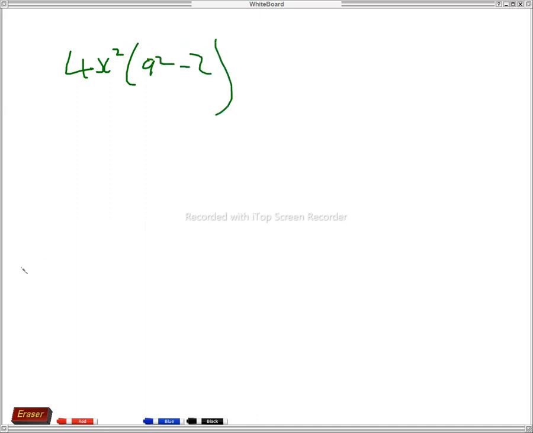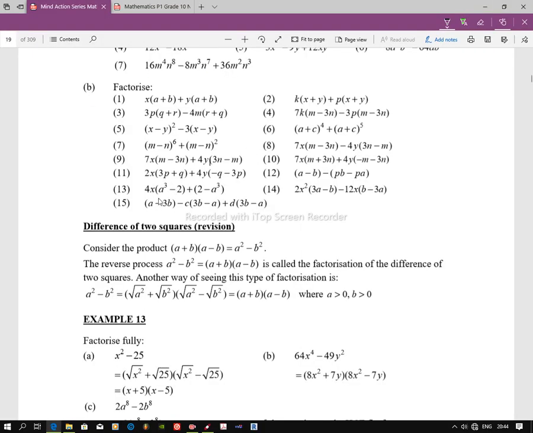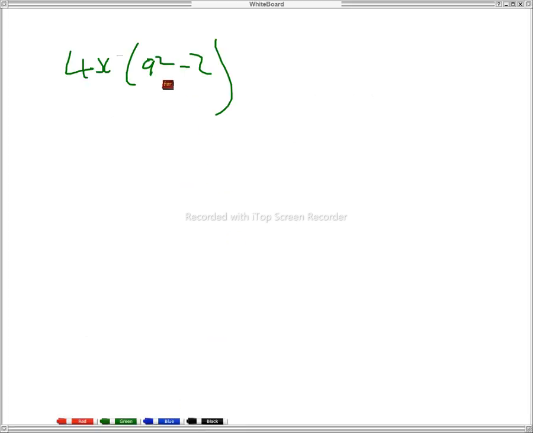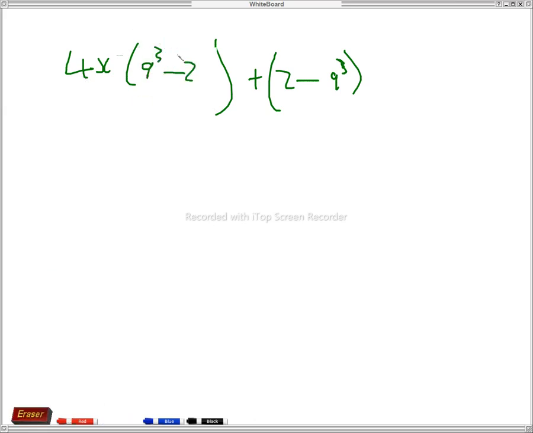I don't think it's 4x squared there, I must be making a mistake. Yes, it's 4x cubed, and then a cubed minus 2, minus a cubed. So when I'm having this kind of expression, let me write it properly: a cubed minus 2, and then there is 2 minus a cubed.